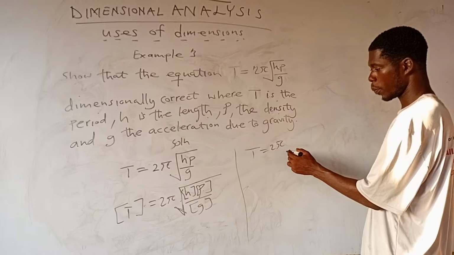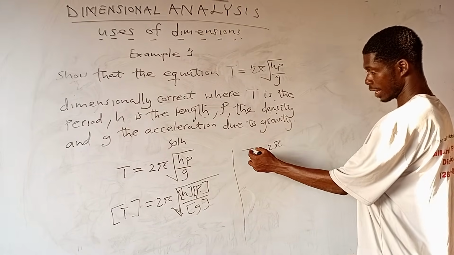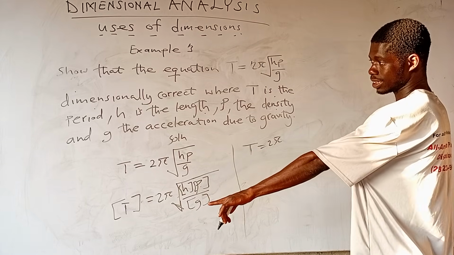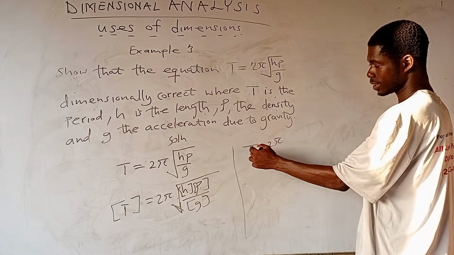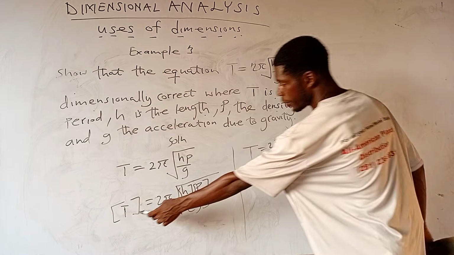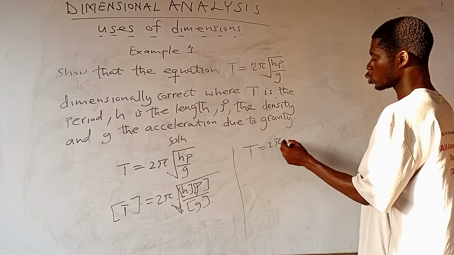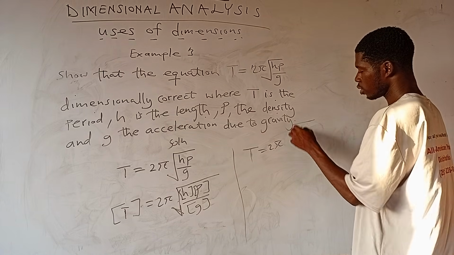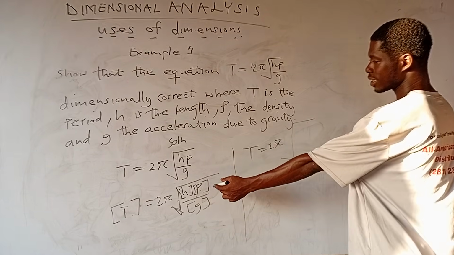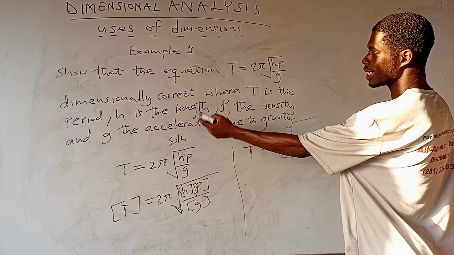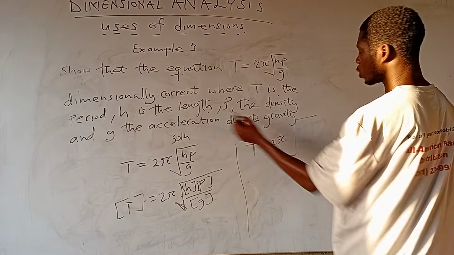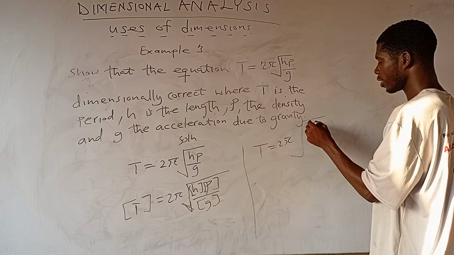The dimension for the period is T. Equal to 2 pi, then root of the dimension for h. h is the length, so it is L.